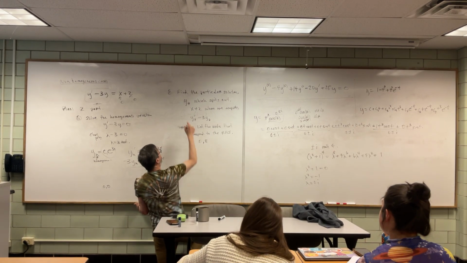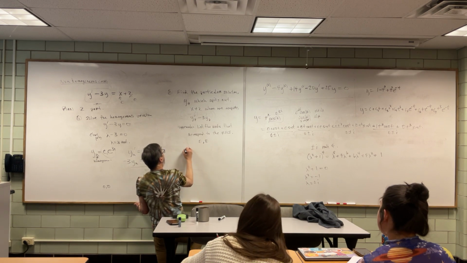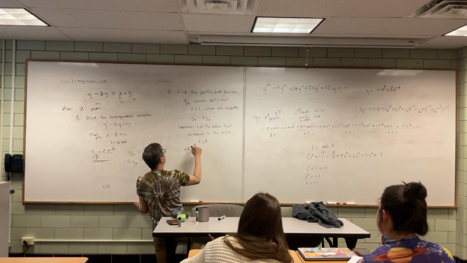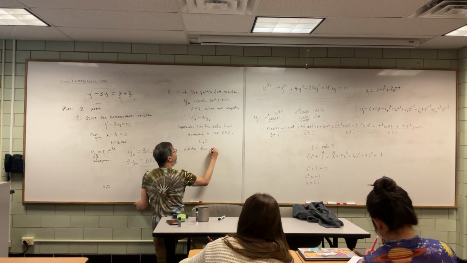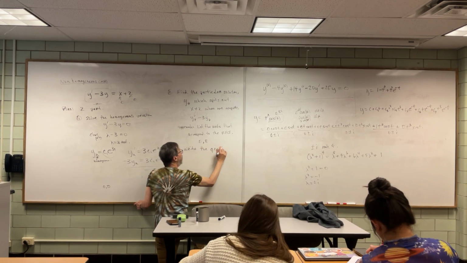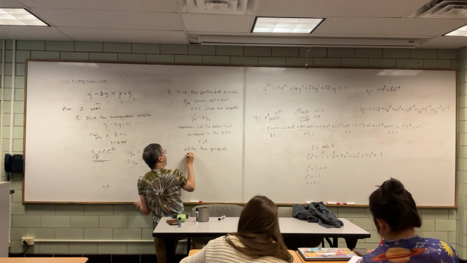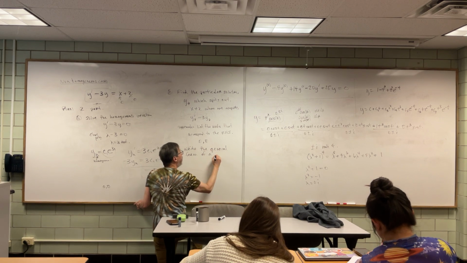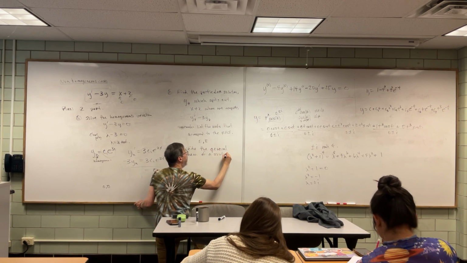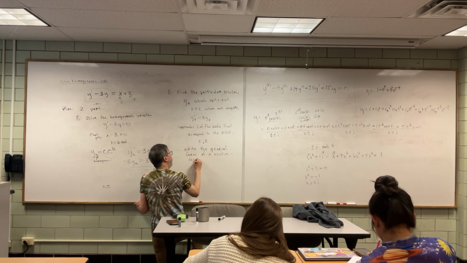So you come up with those roots and then you need to write these roots down first, but write the general form of a solution corresponding to these roots. And we're going to use new letters too now.